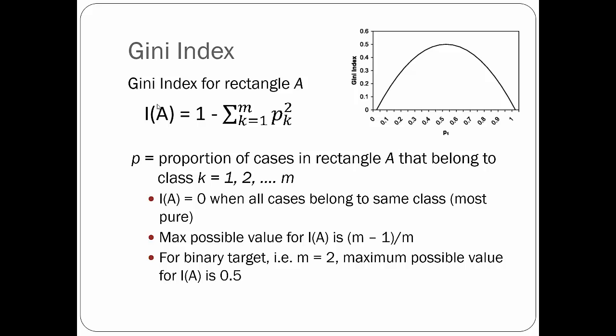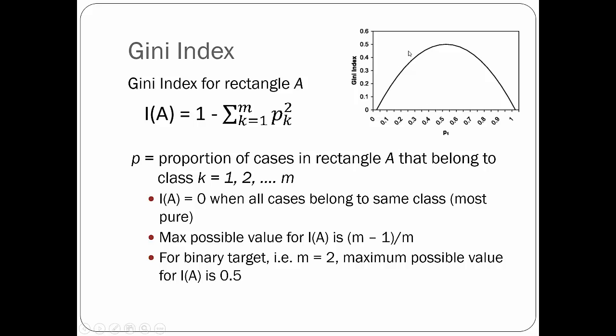Now it achieves its maximum value, for a binary case, and you can plot the shape of I sub A as the value of P changes from the pure case. On either end it will be pure, and as the impurity increases, 50% will be the case with maximum impurity. There is 50% 0 and 50% 1. That will give you the maximum impurity.